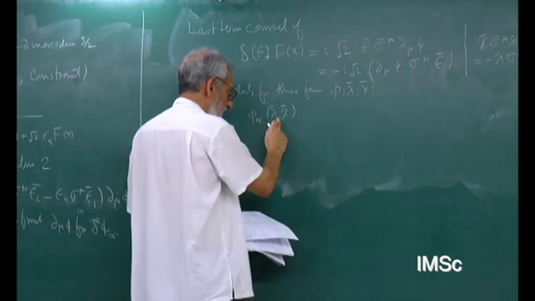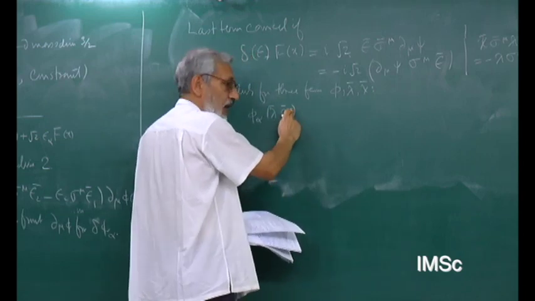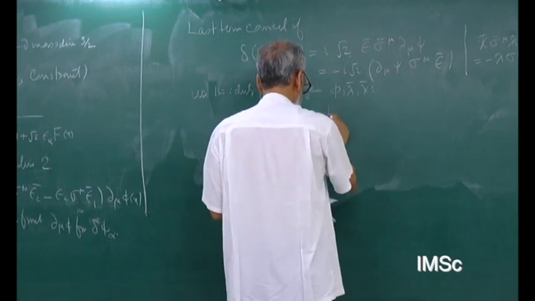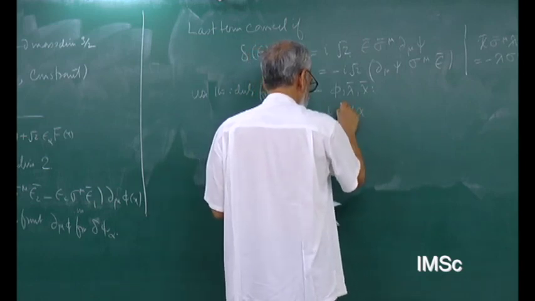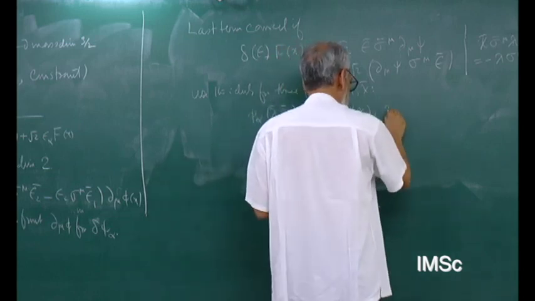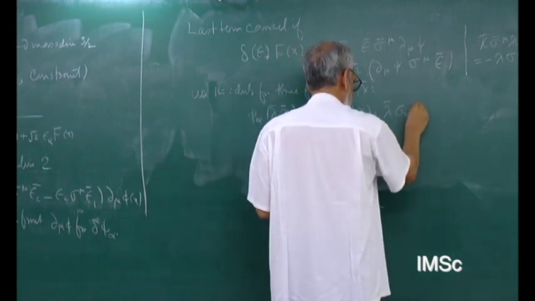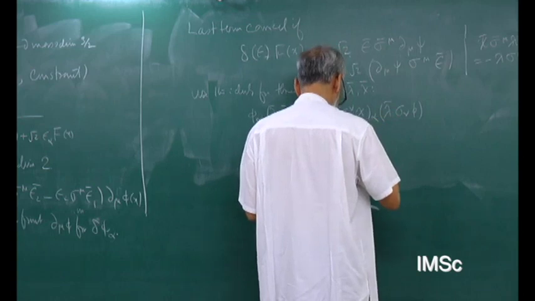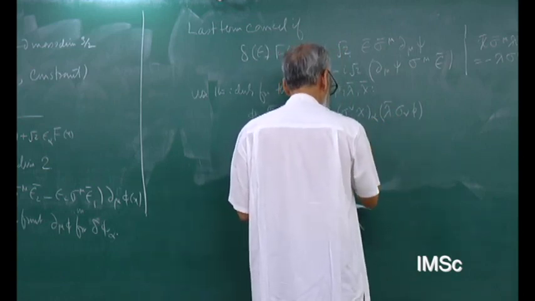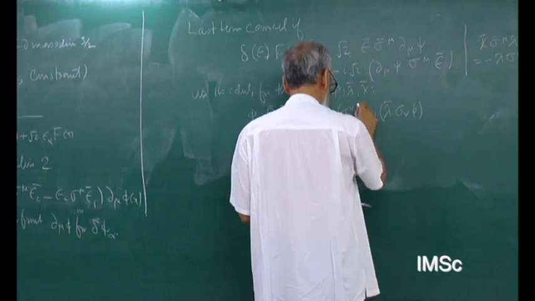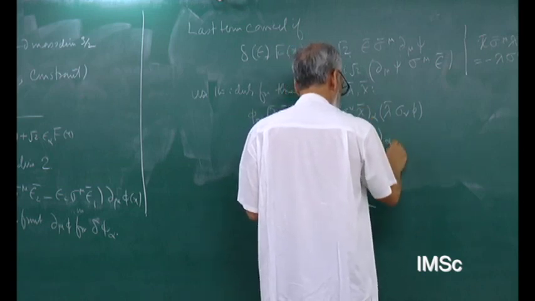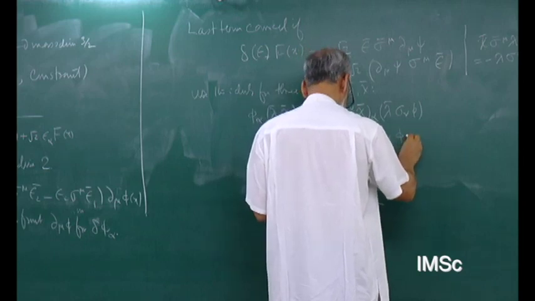This is contracted, alpha dot down, alpha dot up, same as minus half sigma nu chi alpha lambda bar sigma nu phi, or same as plus half sigma nu chi bar alpha phi.